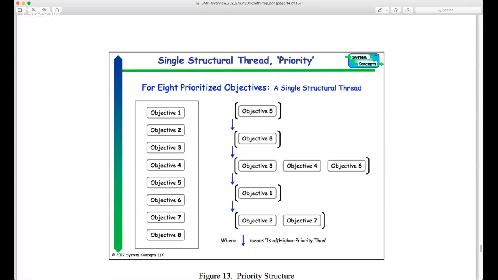So in this particular case, where we have three objectives at one level, we might need to come up with some other type of discriminator that allows you to separate them. So the highest value outcome is if you have all 8 separate with no objectives at the same level. But that's the idea.